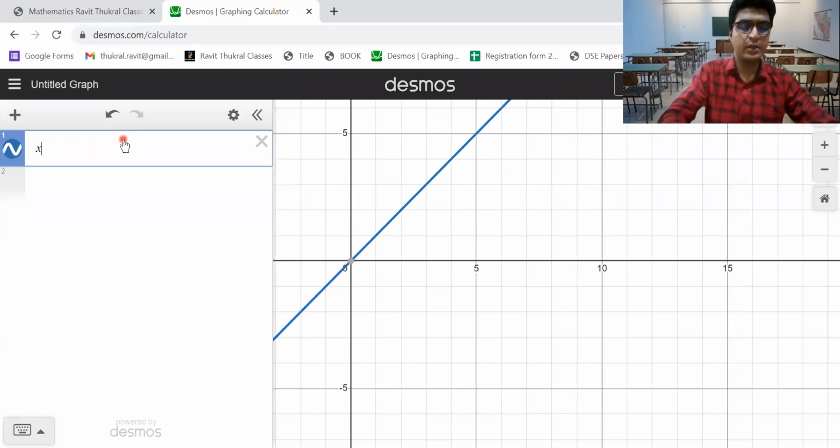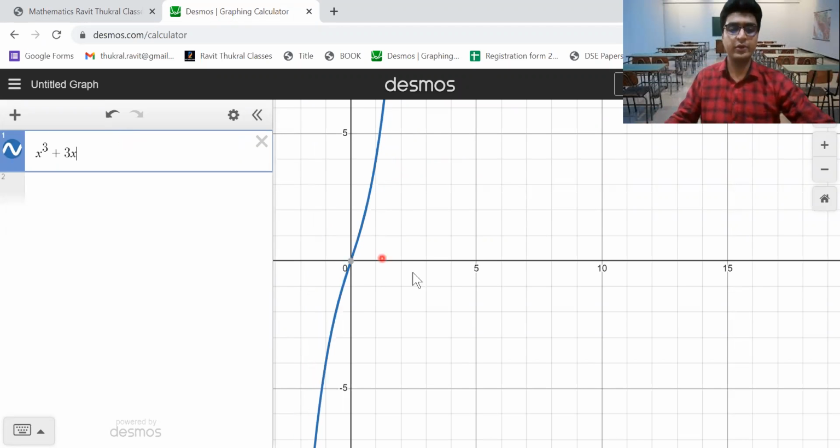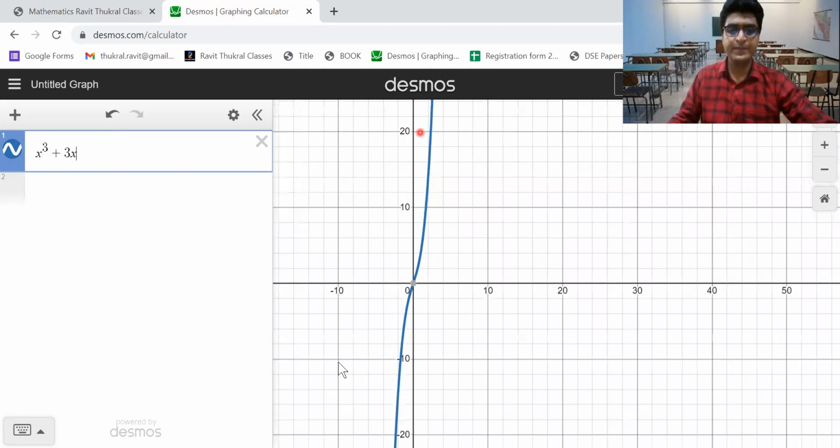The function is x cube plus 3x. So it's almost like x cube only. Let's draw this.